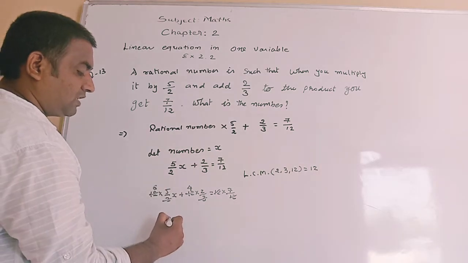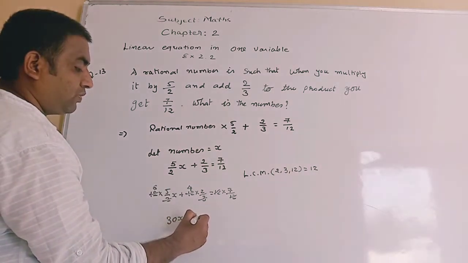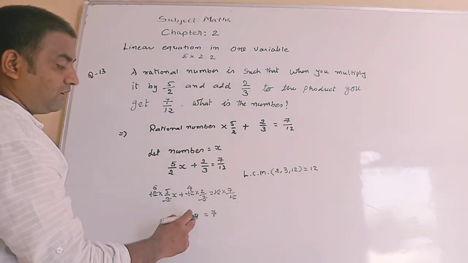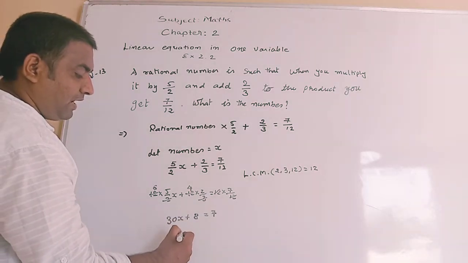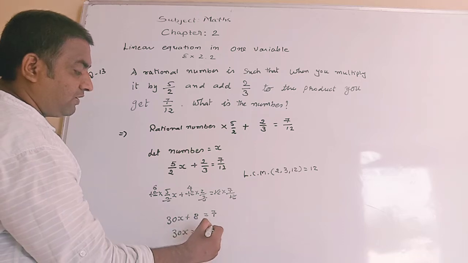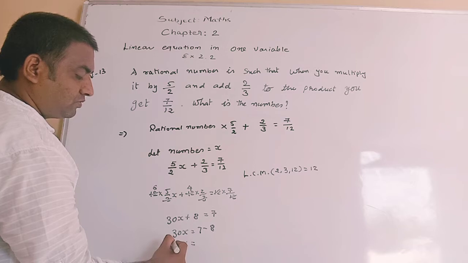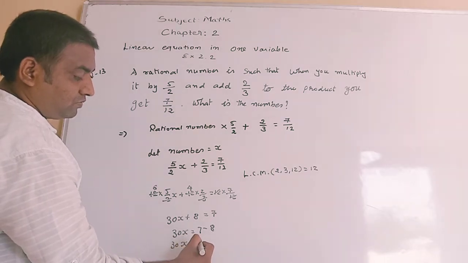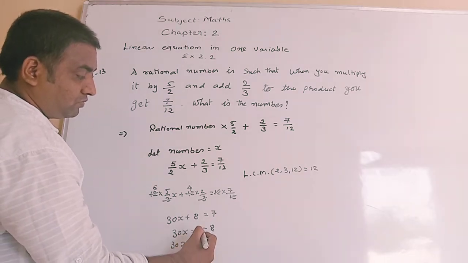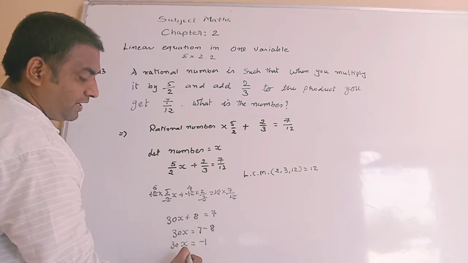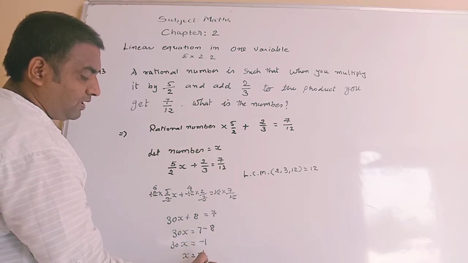So 6 5s are 30x plus 4 2s are 8 equals 7. And so 8 will go to the other side, it will be 30x equals 7 minus 8. So x is equal to 7 minus 8, minus 1, so x is equal to minus 1 by 30.